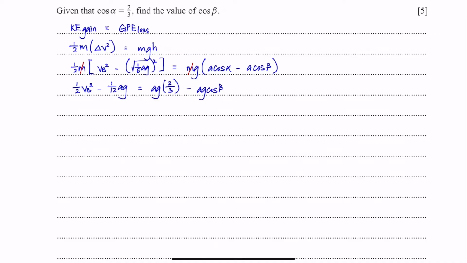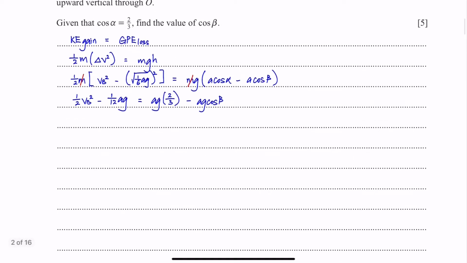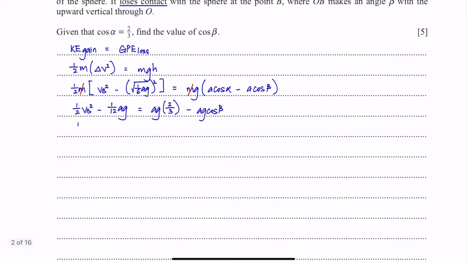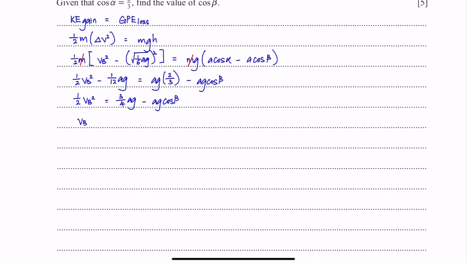Cos beta is the unknown that we have to find. Alright? So let's make vb squared our subject. So we have half of vb squared equal to 3 over 4 ag minus ag cos beta, and hence vb squared is equal to 3 over 2 ag minus 2 ag cos beta.